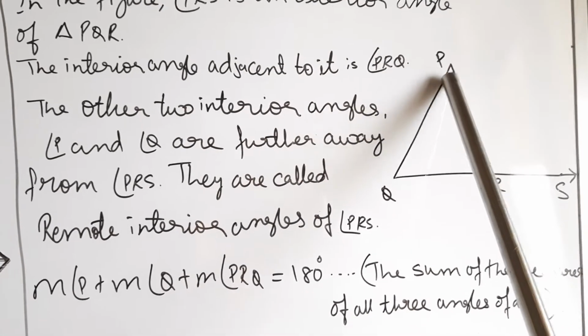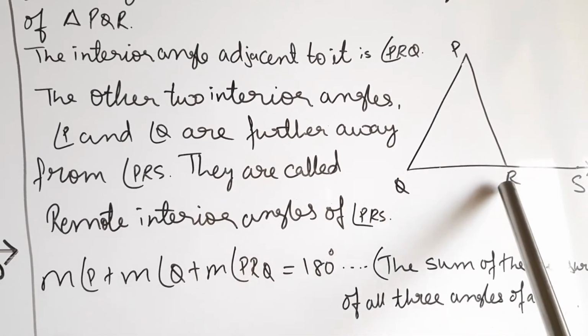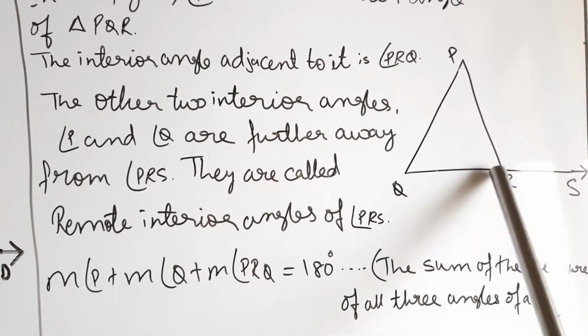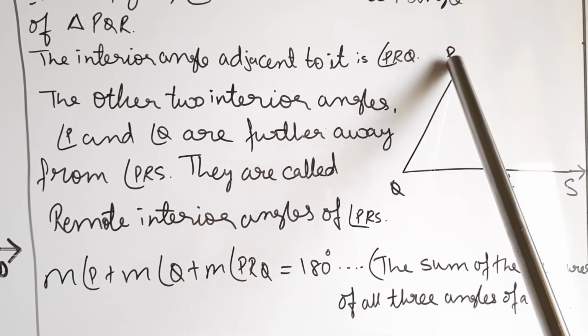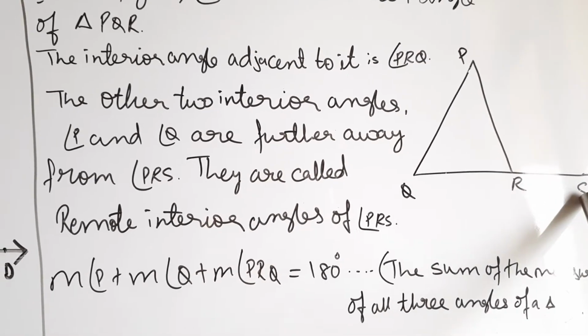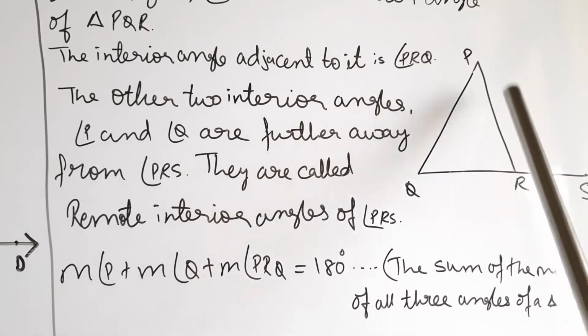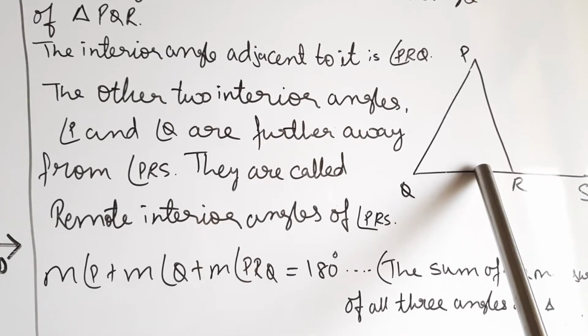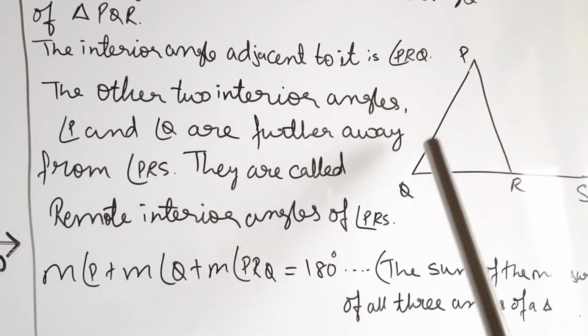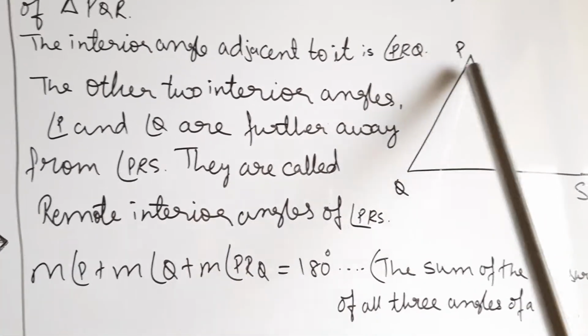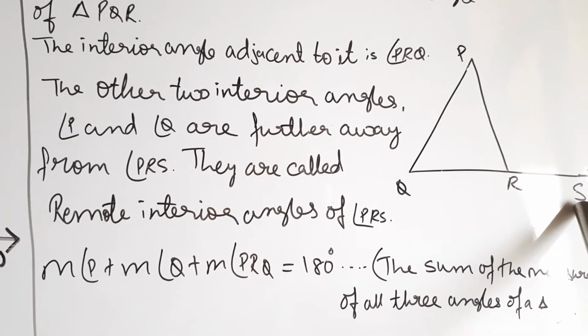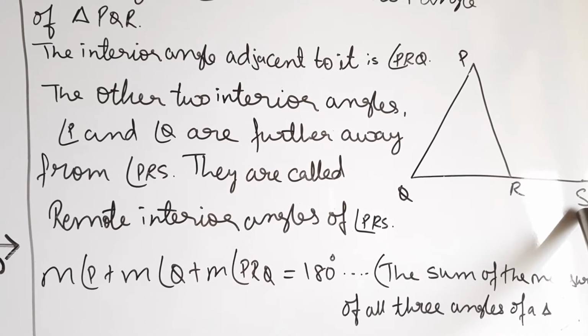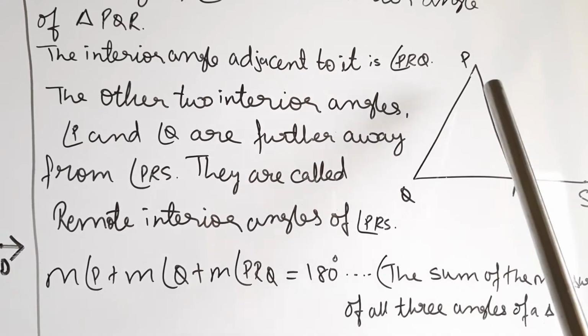Now this triangle has got three angles, angle P, angle Q, angle R. Angle R is also part of the exterior angle. So angle PRQ and angle PRS, they are forming linear pair of angles. But angle P and angle Q are far away from angle PRS. That is the exterior angle. Further away means far away.